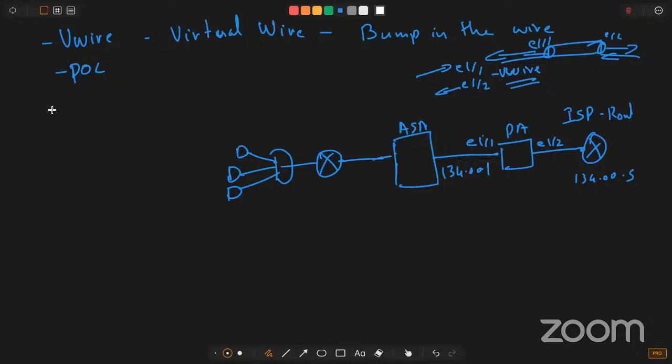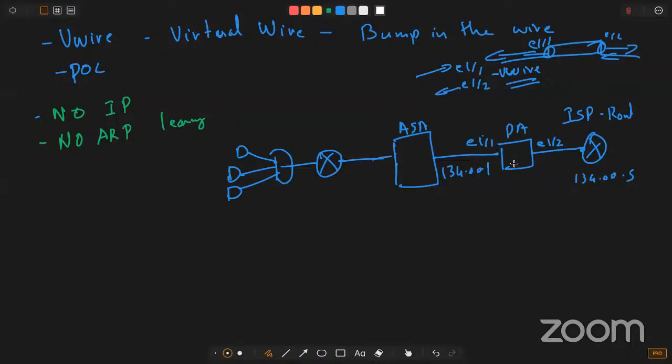The important part here is there is no IP for this interface. That means you don't have to give any IP. It will not participate in any kind of ARP learning. This device will not be sending out any ARP request, since it does not have an IP.